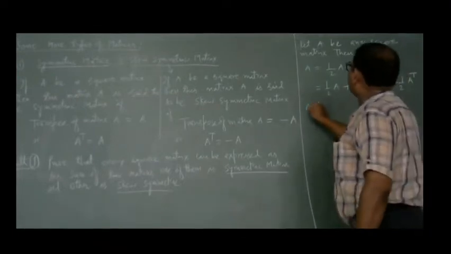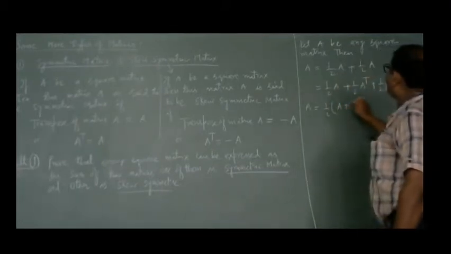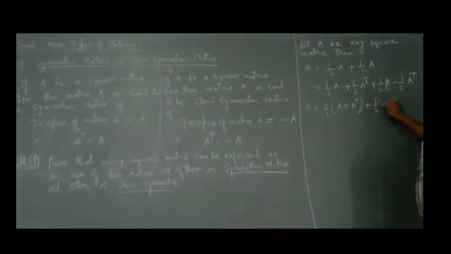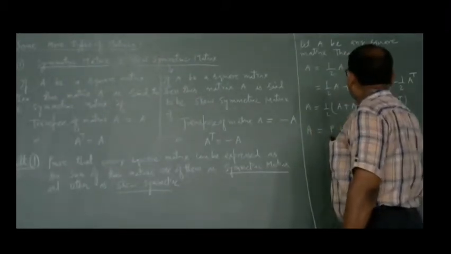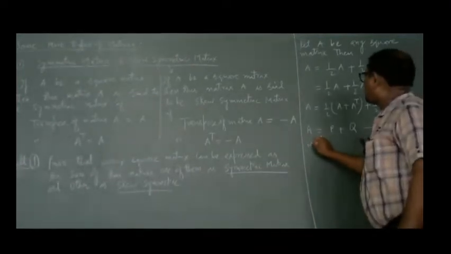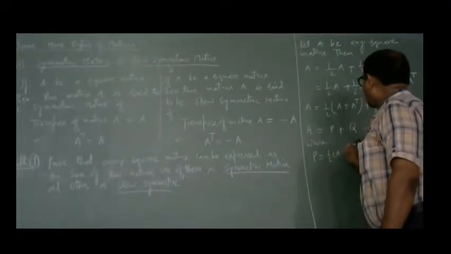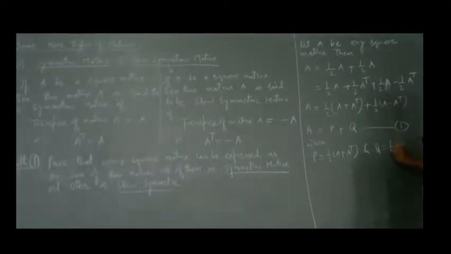Or we can say A equals half of (A plus A transpose) plus half of (A minus A transpose). Or we can say A is written as P plus Q, where P is half of (A plus A dash, A transpose), and Q is half of (A minus A transpose).